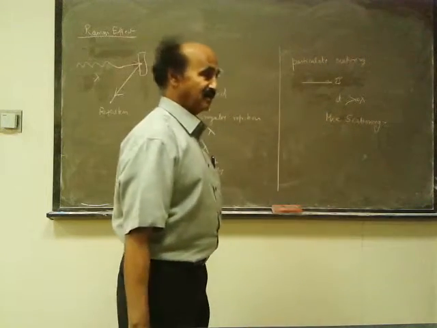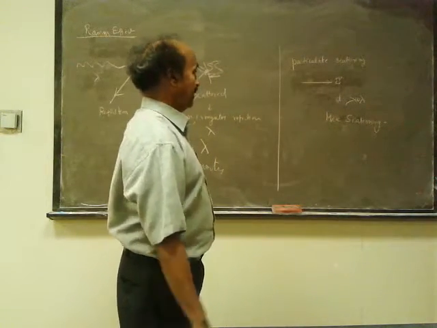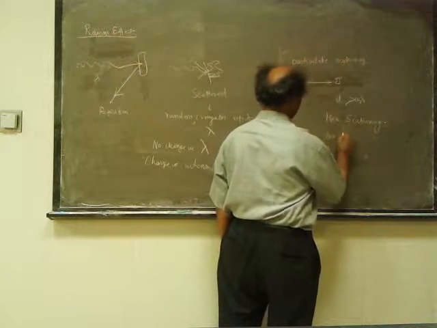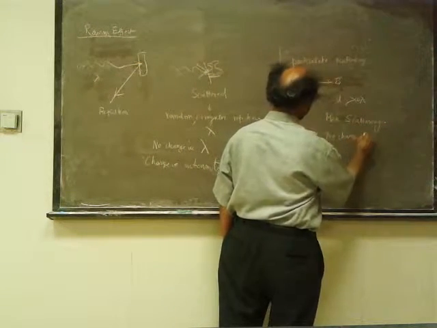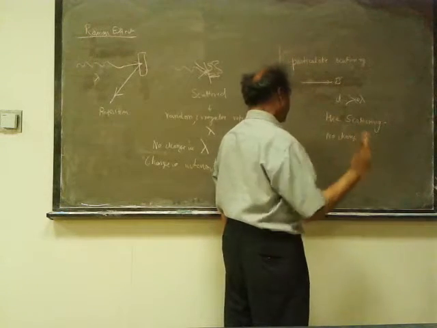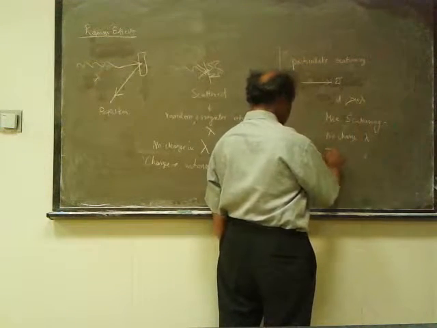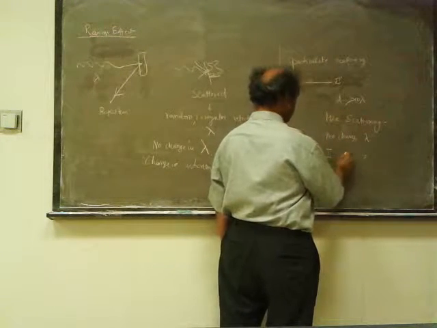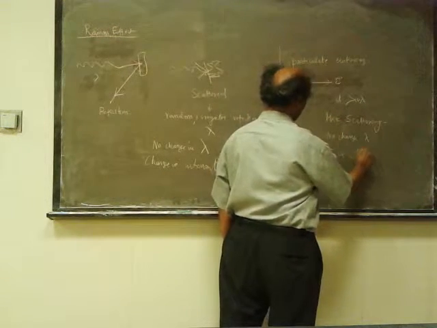Light gets scattered irregularly. Again, there is no change in wavelength. The only thing is the intensity of light scattered is proportional to omega power 4.